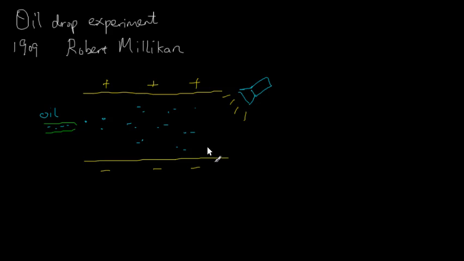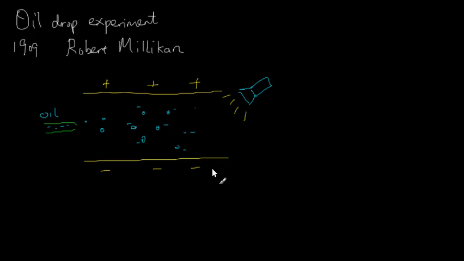Now, I'll draw the droplets a little bit bigger. We won't actually know how many electrons would be on each droplet, even if there are actually electrons.